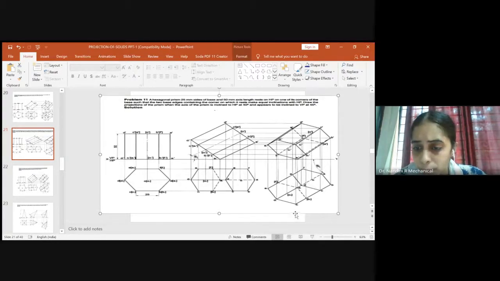And then come back to C. This is C1 and the projection of C1 dash is coming over here. So take the projection of C only until where the C1 dash projection is. Don't extend C1 further above. So C1 is meeting C1 dash at this point. Name it C1 dash, and draw the projection only until here.